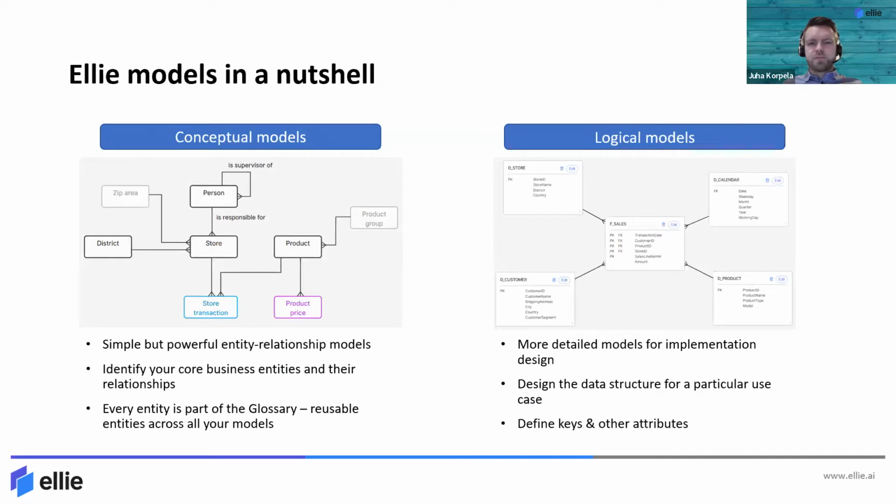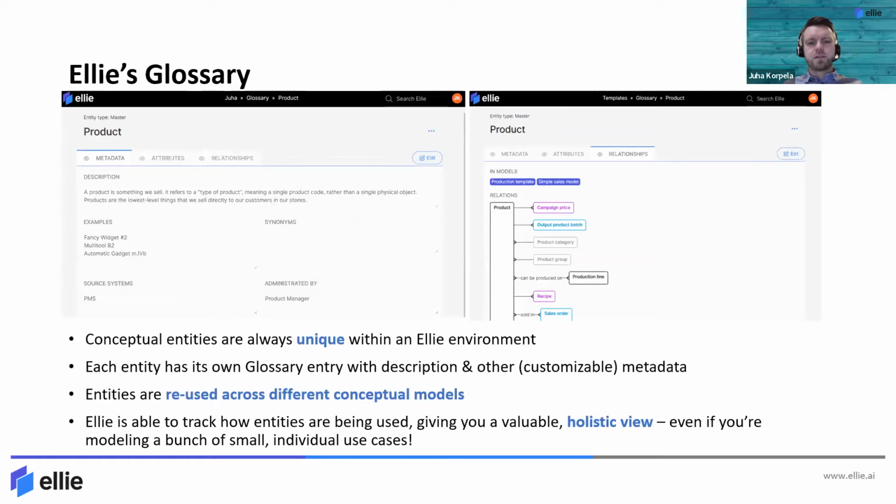So as I said, we have two types of models in Ellie. Basically, the idea is that you use the conceptual models or business models to capture the business reality, those entities, what they are, core entities of the business in the glossary. And then you can use logical models within Ellie to create more detailed implementation design, basically, for reporting use cases or whatever. The glossary itself is basically the repository of everything that has been defined in any conceptual model.